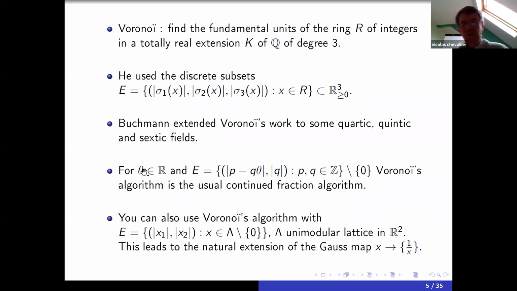You can also look at Voronoi's algorithm applied to lattices in R^2. And if you look at what you obtain looking at all lattices in R^2 and the Voronoi algorithm applied to all these lattices, in fact, you obtain the natural extension of the usual continued fraction algorithm. So the natural extension of the Gauss map.